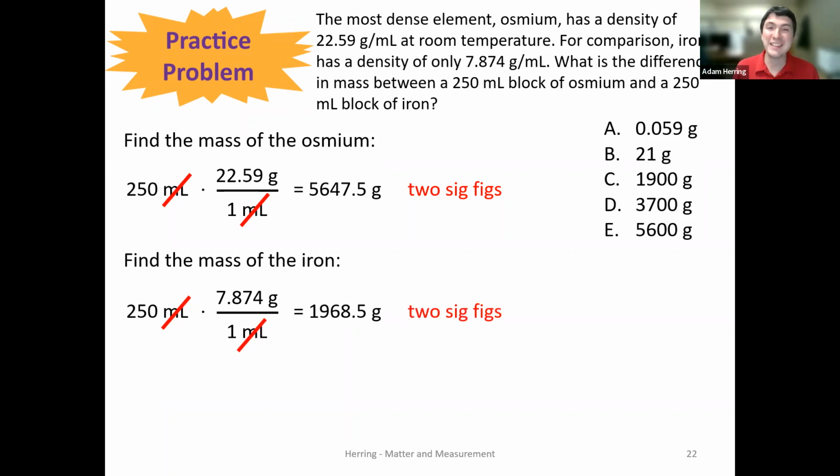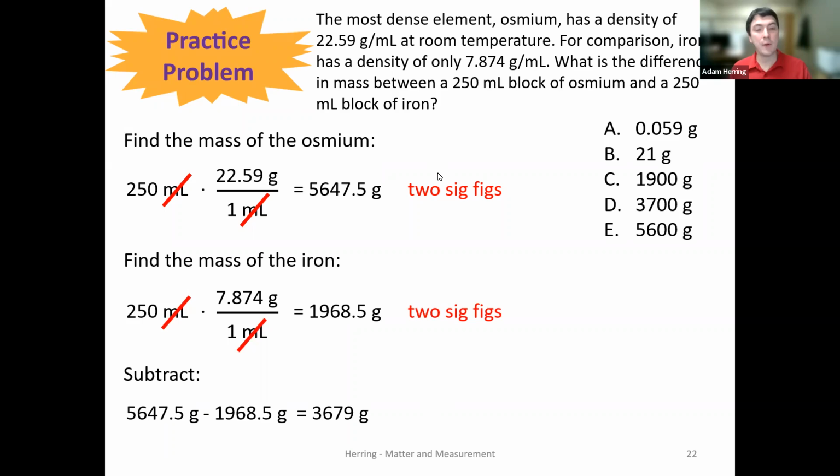So if we want to find the difference in mass, we need to subtract the mass of iron from the mass of osmium. When we do that, we get a value of 3,679 grams. When we take that and round to two significant figures, we get 3,700 grams. So let's talk about this.